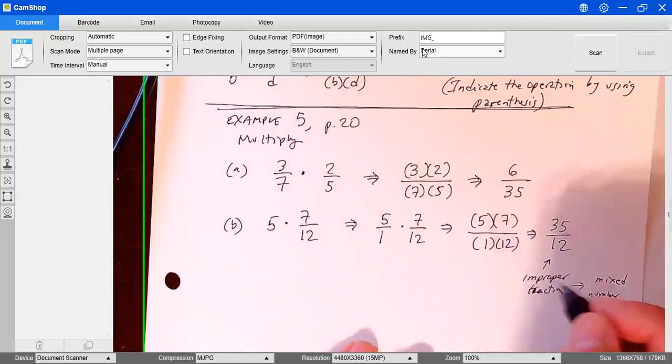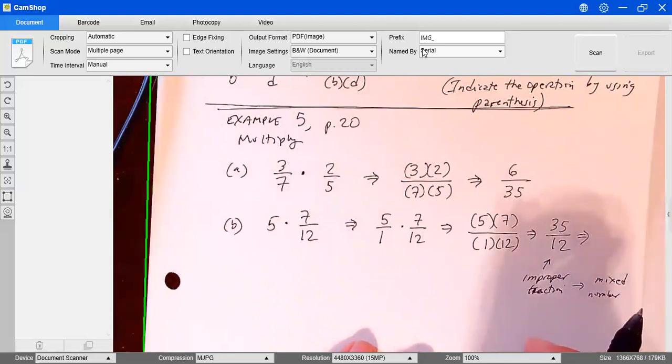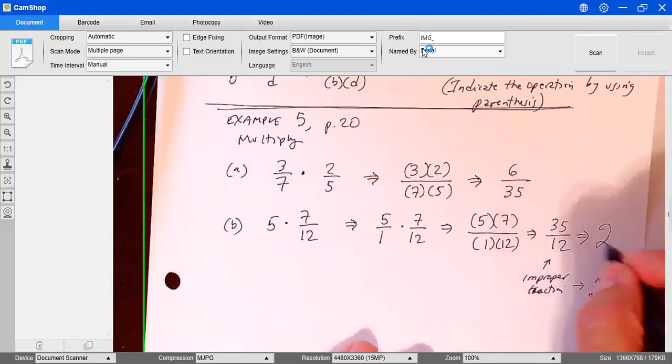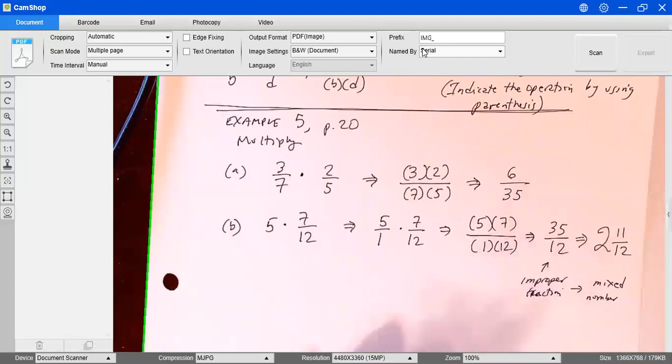But if you do the conversion, something that you should know from previous courses of arithmetic, you're gonna get 2, that's the whole part of the mixed number, and then you get 11/12. So this is the mixed number, and this is the improper fraction. So that's the way that we're gonna do it.